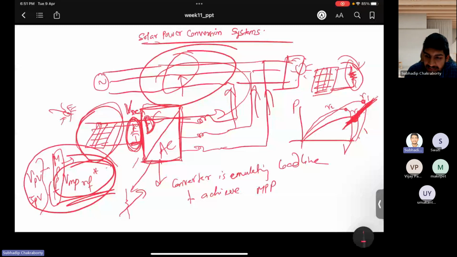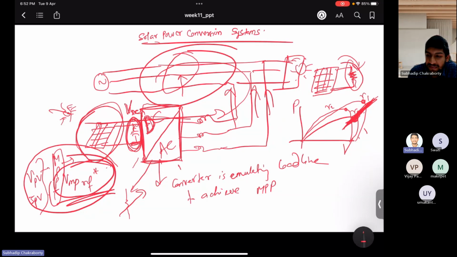You have to do it at unity power factor and balanced currents, irrespective of whether your loading is irregular or unbalanced, or your load is not purely resistive, that is, not purely unity power factor. Irrespective of all those things, you need to push the power to the grid at unity power factor, balanced sinusoidal currents. For that, this converter is very helpful.